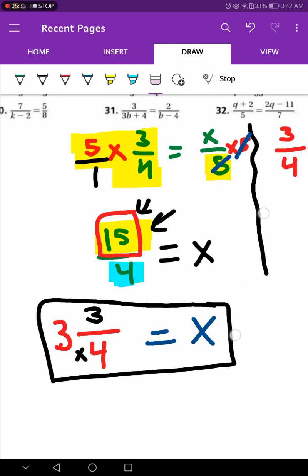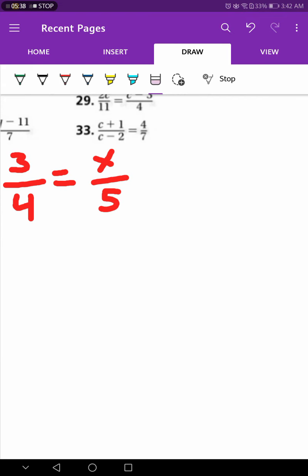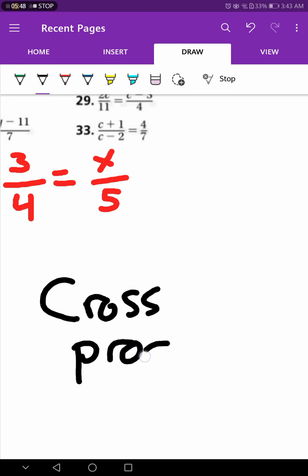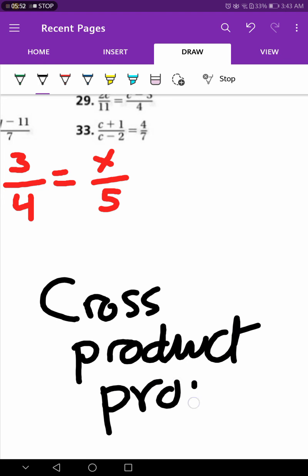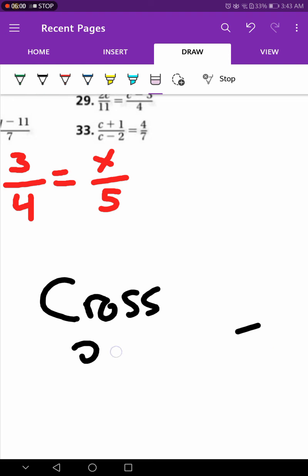Okay, let us learn a new method here. It's called the cross product property. Okay, is it hard, teacher?